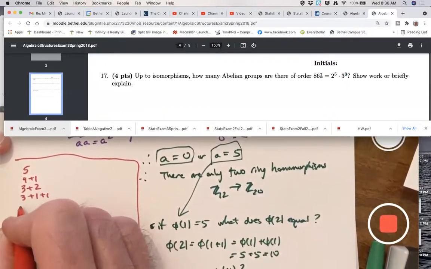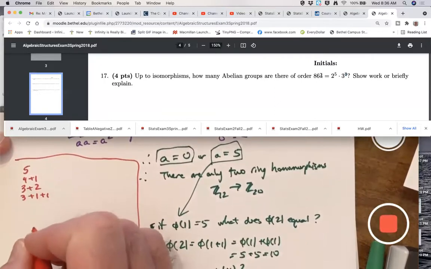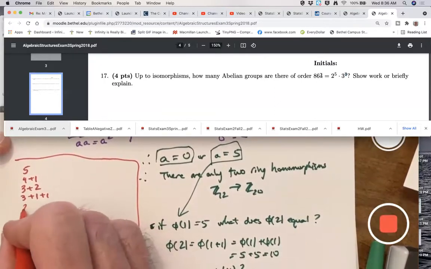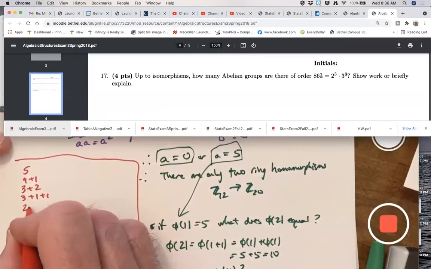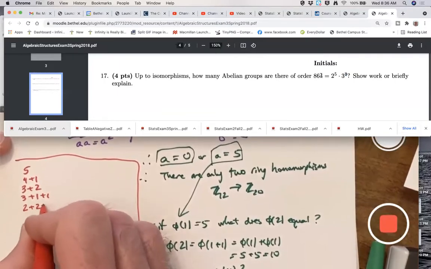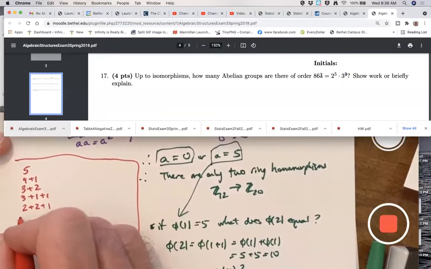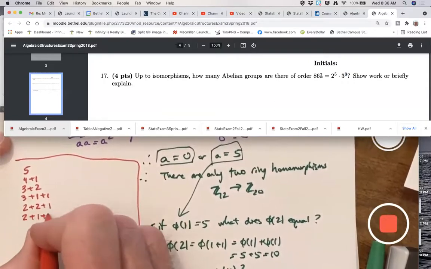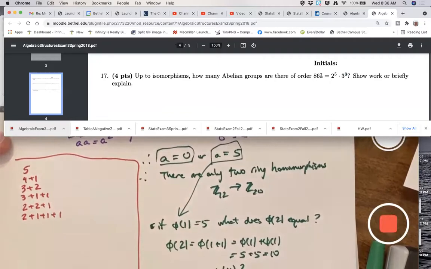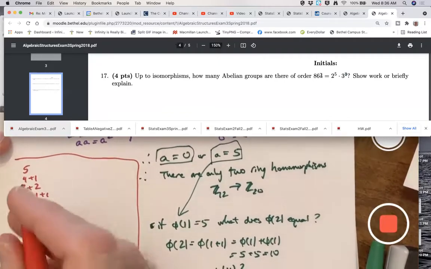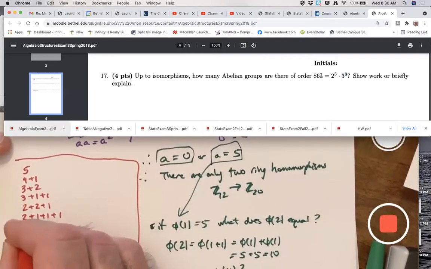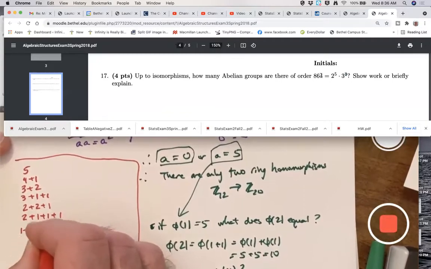We don't consider 2 plus 3 to be distinct from 3 plus 2. But there is 2 plus 2 plus 1 and 2 plus 1 plus 1 plus 1. And 1 plus 1 plus 1 plus 1 plus 1.